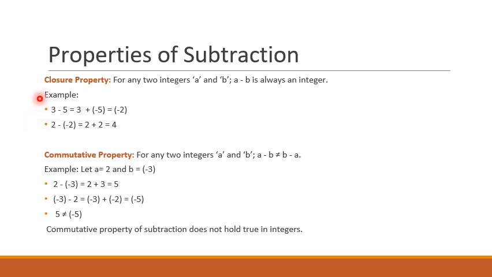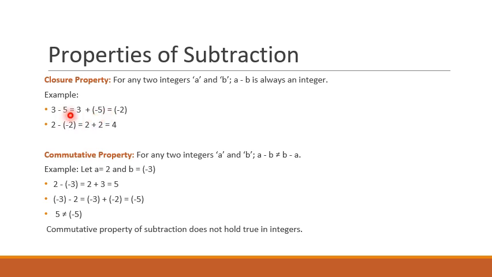So let's see some examples. So here I have taken 3 minus 5. I am subtracting 5 from 3. So here both the integers are positive. 3 and 5 both are positive. Now just now we have seen how to subtract. Change the minus sign to plus and the number to be subtracted to its negative.